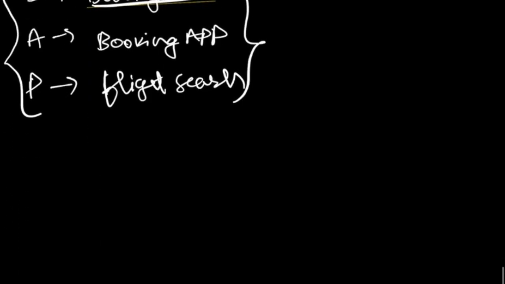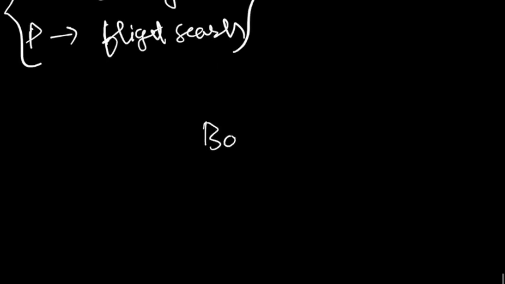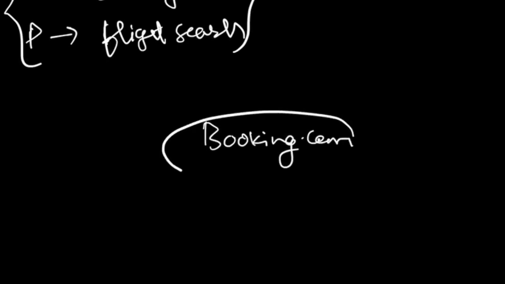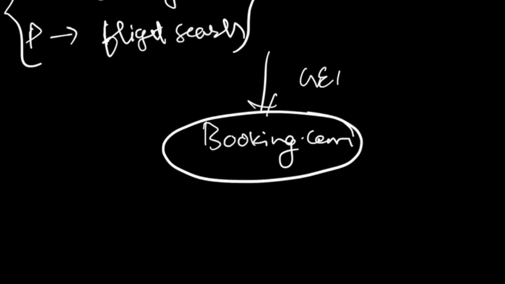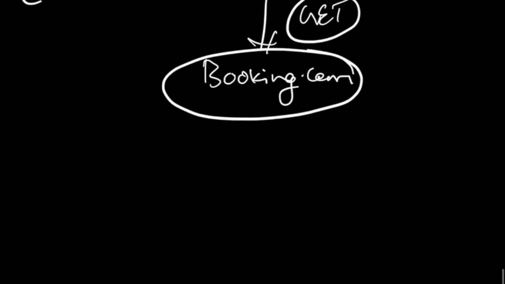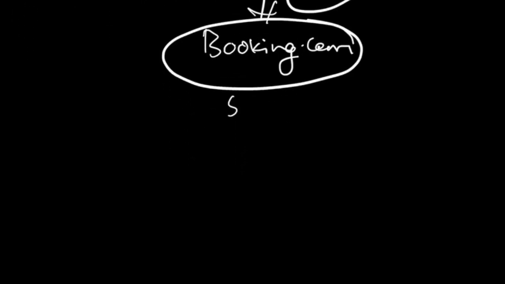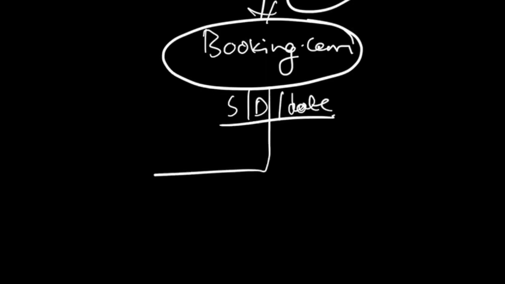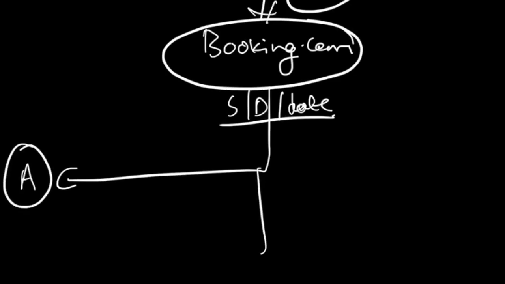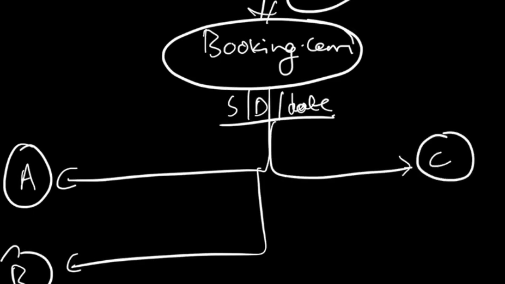To understand the API mashup correctly, so you send the request, a GET request here. So now booking.com has source, destination and date. With this, it in turn makes multiple API calls to different airline operators, let's say A, B, C and D. So it in turn makes 1, 2, 3, 4 API calls.